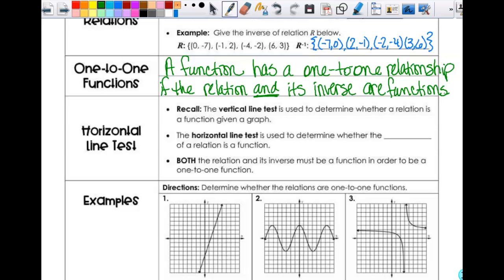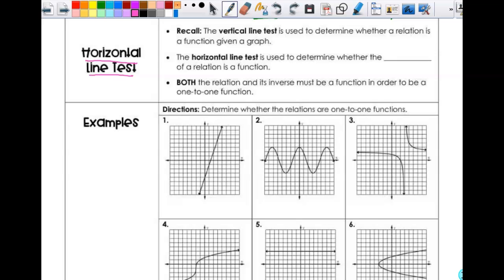So we're going to look at the graphic part of it first with the horizontal line test. You already know the vertical line test. That's how you know if it's a function or not, right? If it passes the vertical line test, we know it's a function. So the horizontal line test: recall, the vertical line test is used to determine whether a relation is a function given a graph.